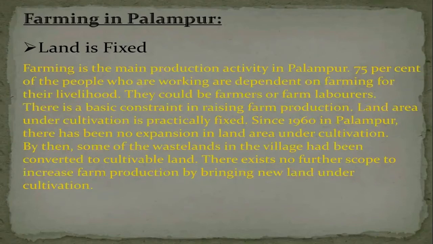Now, since you cannot increase the land and our needs are increasing, we all have more needs. How will you meet the ends? Some wastelands in the village had been converted to cultivable lands, but now there is no further scope of any expansion. So that means there can be no new land brought under cultivation.